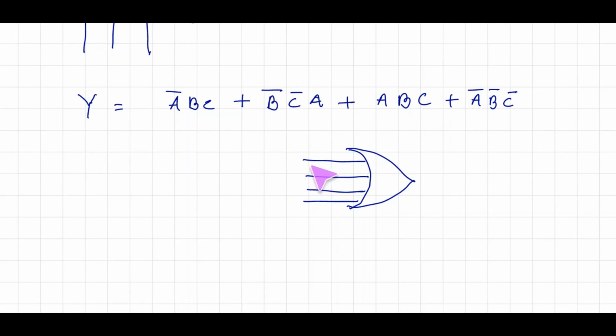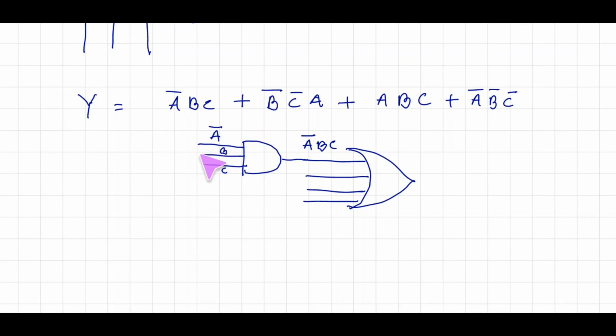Now first it should be a bar bc, which means this is a product. So we need to connect an AND gate with three inputs: a bar, then b and c.